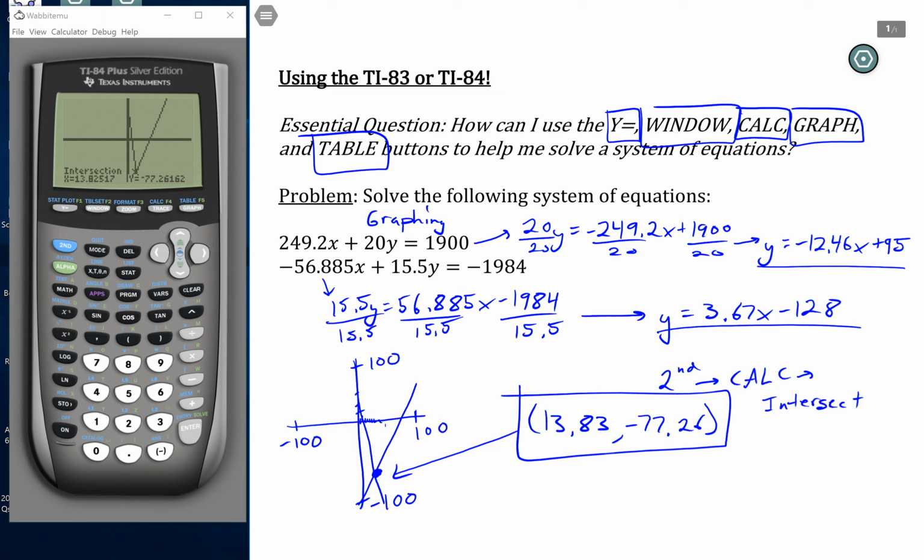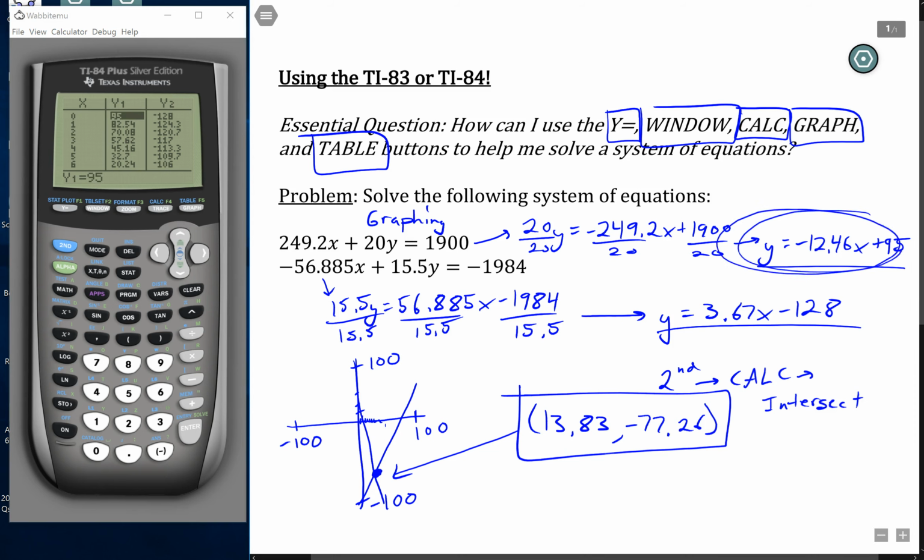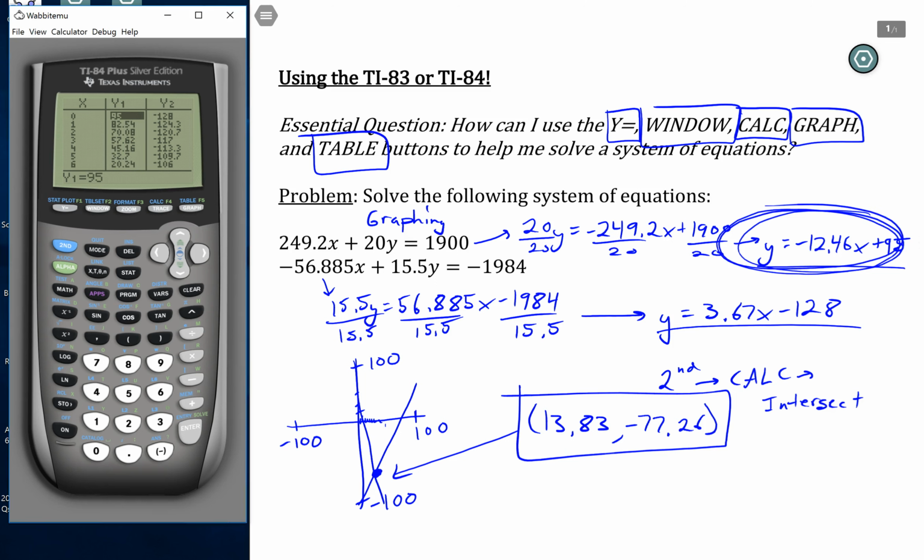I also said I would show you how to use the table button. If you just hit second table, table is this one above the graph. If you want to make a table of values, here it is. If you plug in different x's, here is what the y of different functions will be. So our first function, if I plug in an x of 0, I get a y of 95. And that makes sense because that's the y-intercept, right?